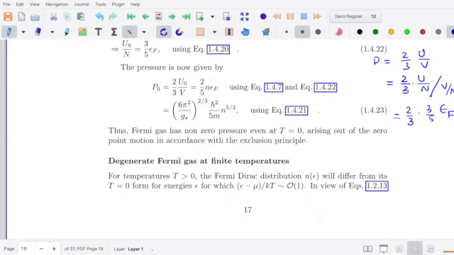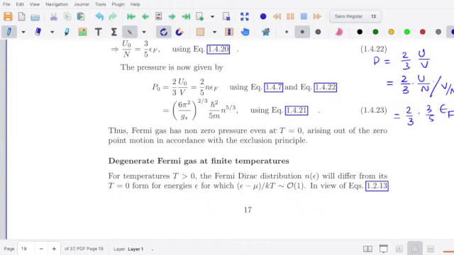That is mainly because of the Pauli exclusion principle, because all particles cannot go into the lowest energy state, and the Pauli exclusion principle forbids more than one particle occupying the same quantum state, and therefore they have to go to higher energy states.